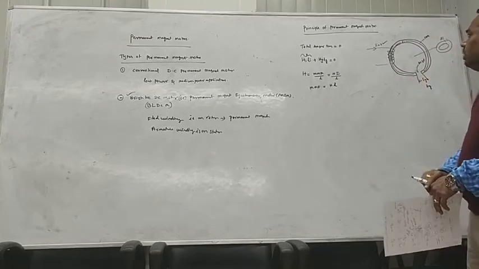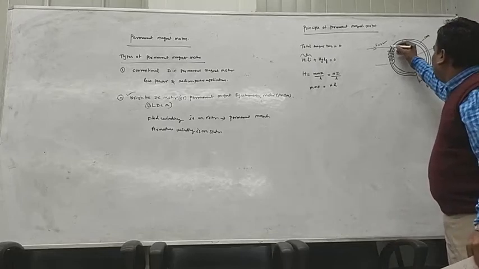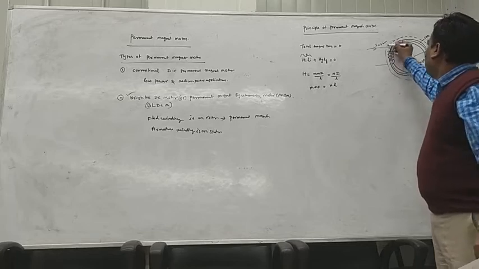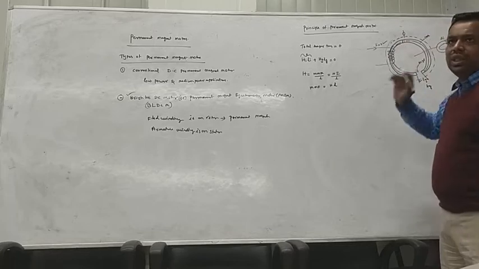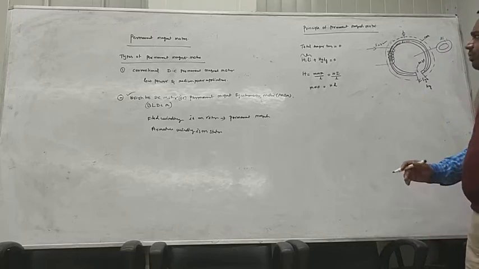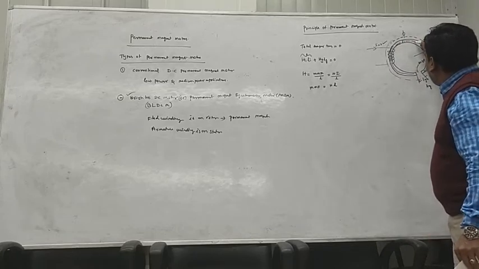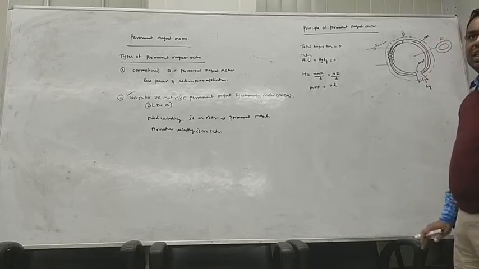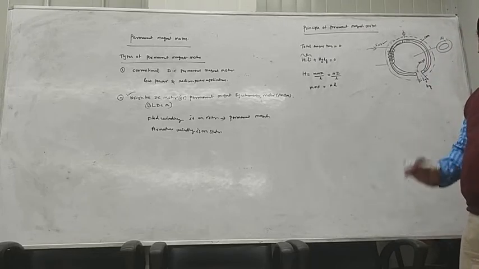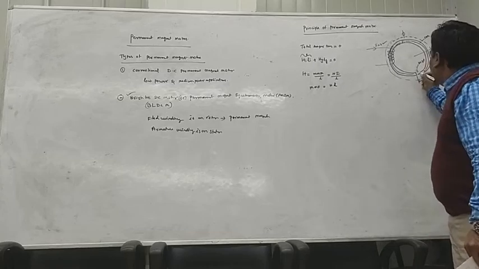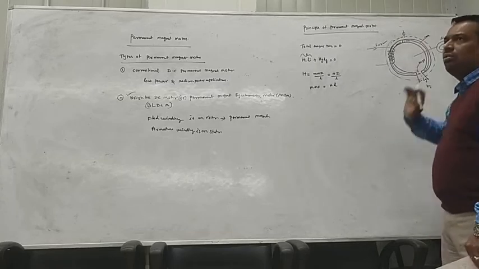Because this is the permanent magnet, the flux produced in this particular path, the total flux phi, is constant. It means the flux in the core and the flux in the air gap is unchanged. The flux value is the same in the air gap and in the core.